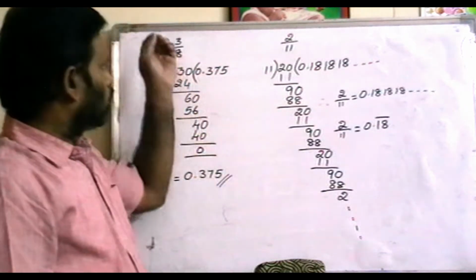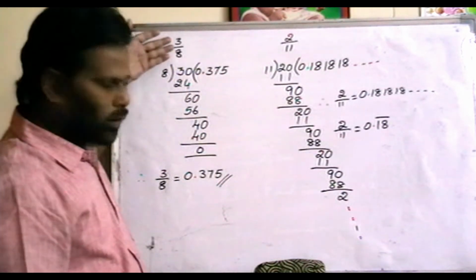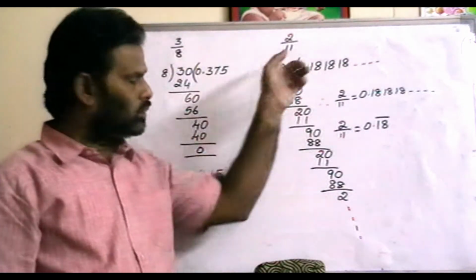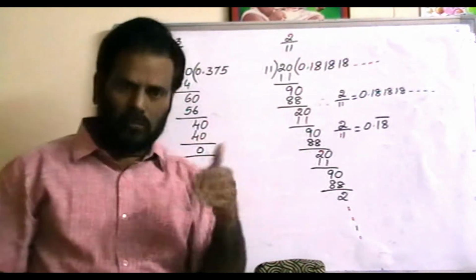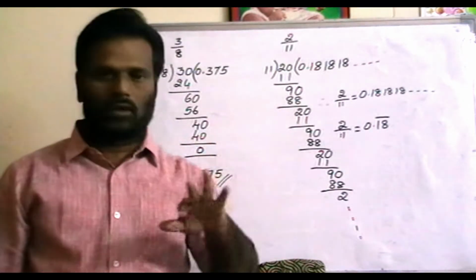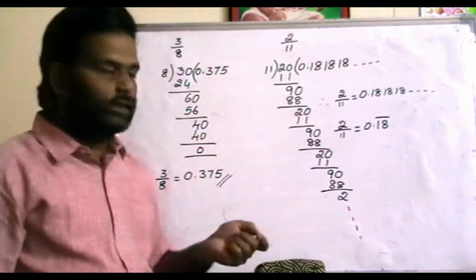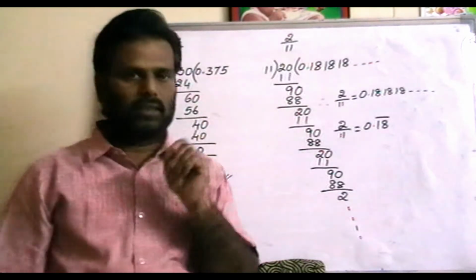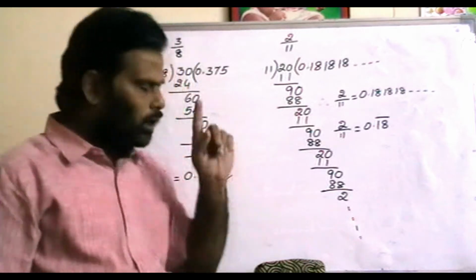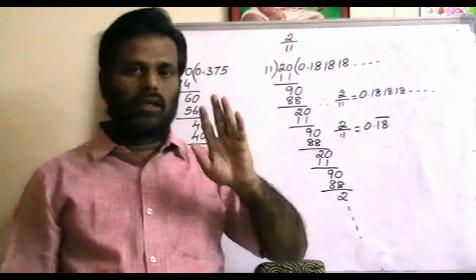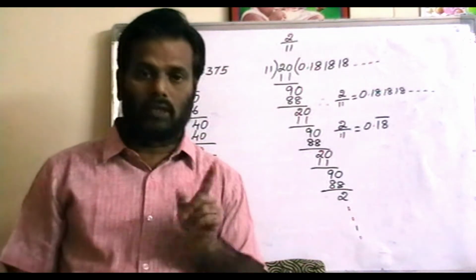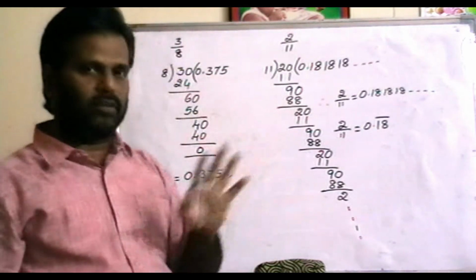This is how a rational number changes into the form of decimal by using the general division. Now there is one more method, without performing division, to decide whether a fraction, that is a rational number, is a terminating decimal, otherwise a non-terminating recurring decimal.